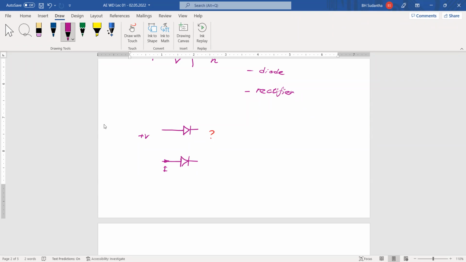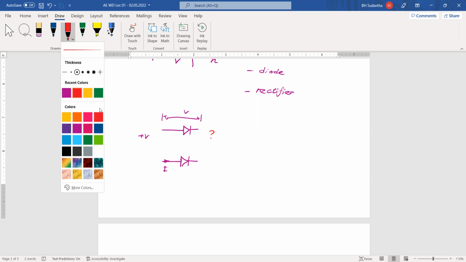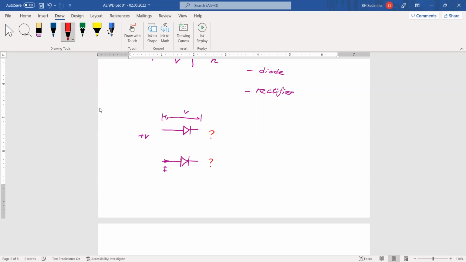We can apply certain voltage across the terminals, then we should know how it is behaving. And after that, you can apply a current. The current will go through it. Then you should know how it is behaving. Shall we try to understand these things?